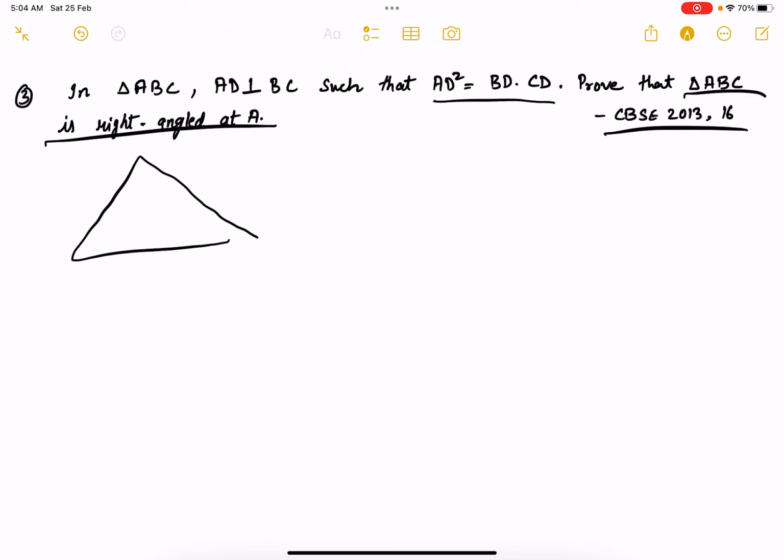We have the triangle ABC and AD is perpendicular to BC such that AD square is equal to BD into CD. What we have to prove is that angle A is equal to 90 degrees. How will we prove it?